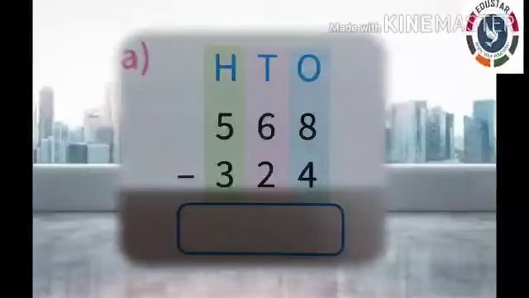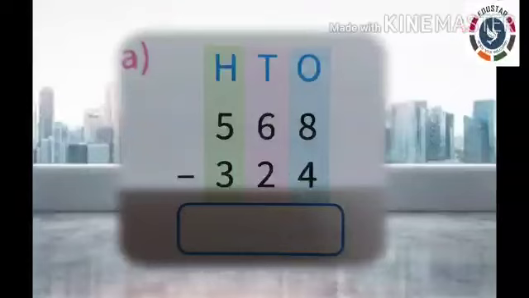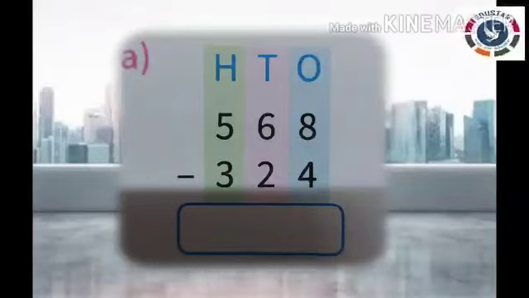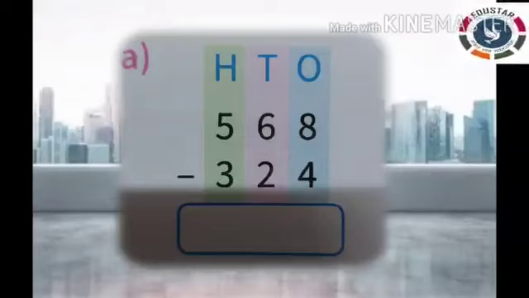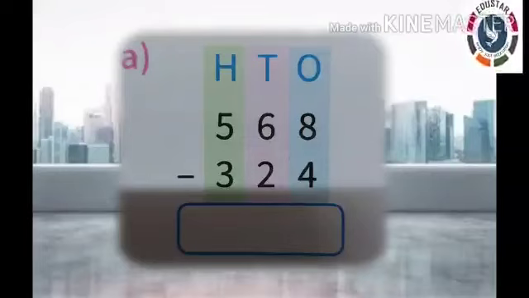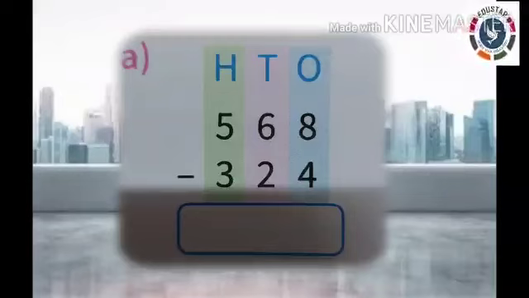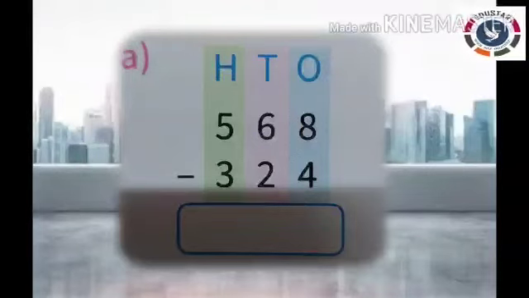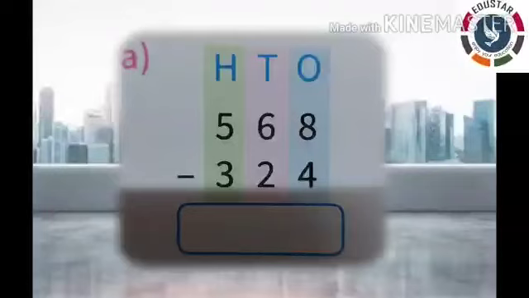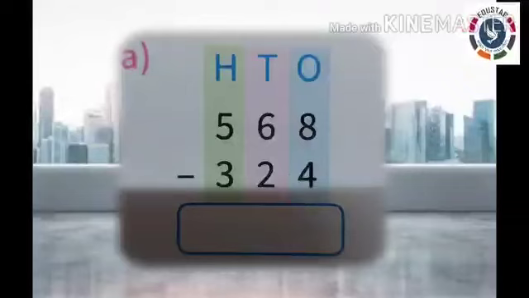We should not borrow from the next number. Isn't it? Okay. In addition, we will keep first number in the mind. Isn't it? According to subtraction, we will keep second number in the mind. Okay? Shall we start now?